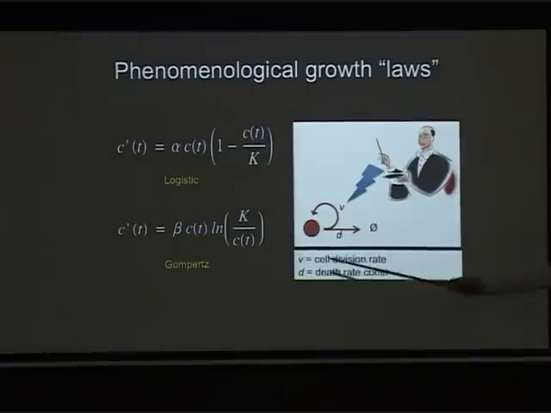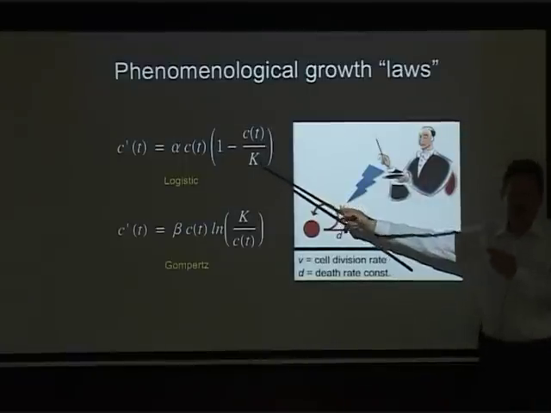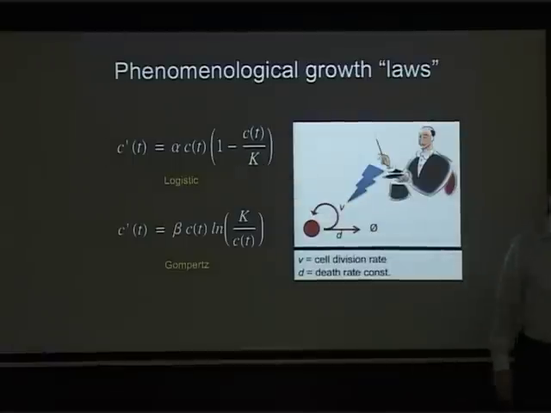This is another form of a similar phenomenological growth law. But these are phenomenological in the sense that this is not emerging out of some actual analysis that produces that number. This is just a fudge that you put in order to make the thing work.